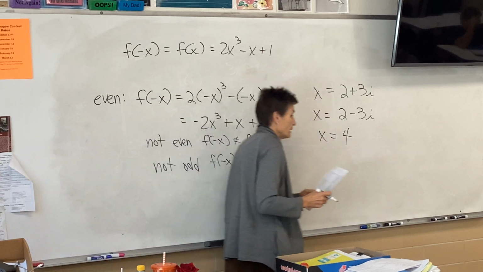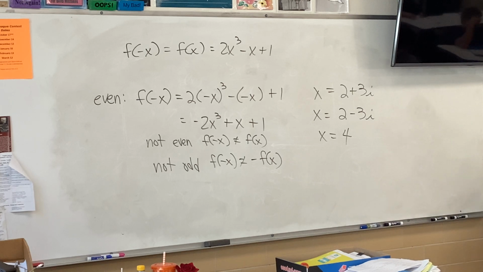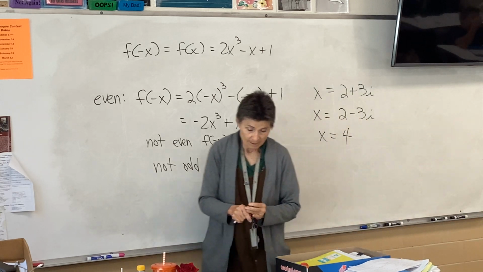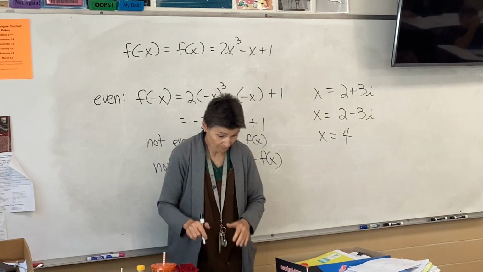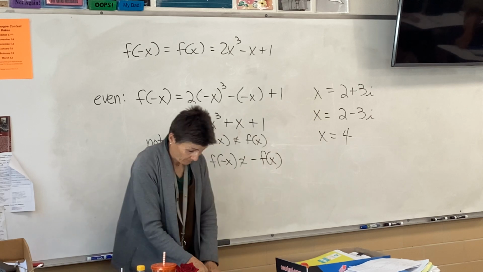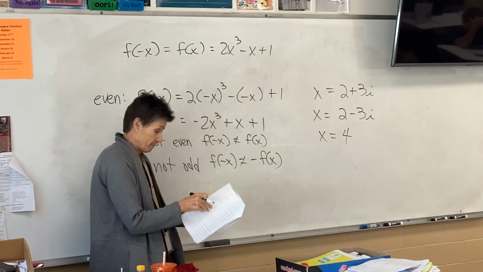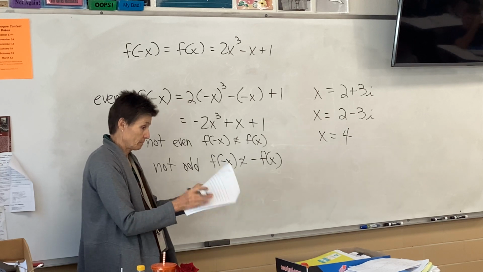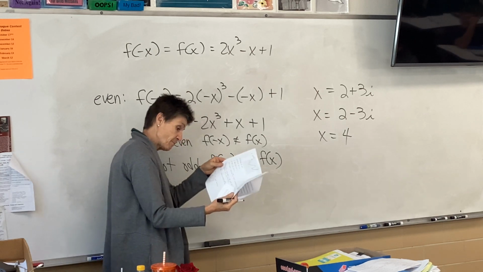Okay, perfect. All right, let's get our review sheet back out and let's see if we can get that done, because we're gonna have a quiz tomorrow, so we definitely wanna get this done. Okay, so I think we're ready for number 13.